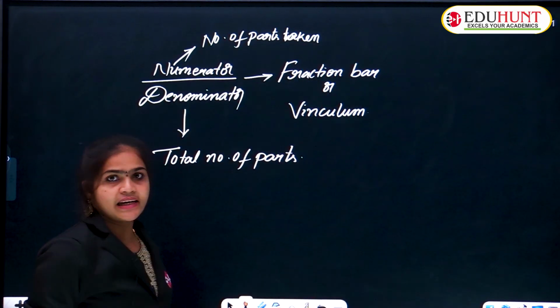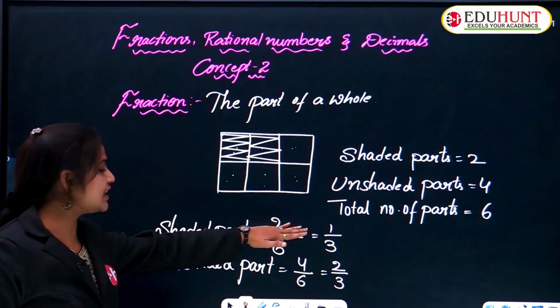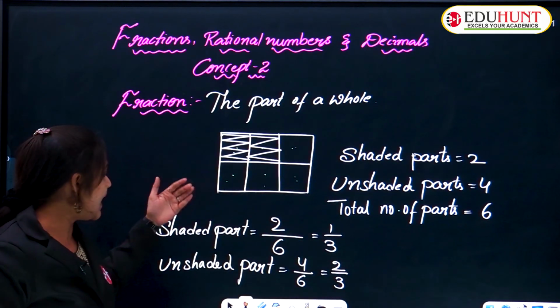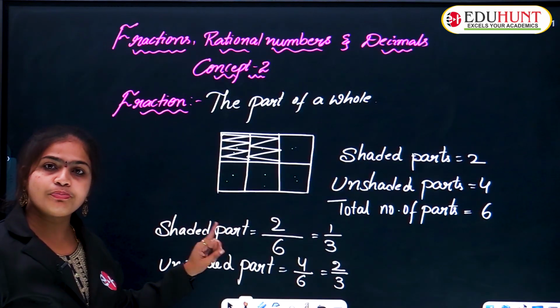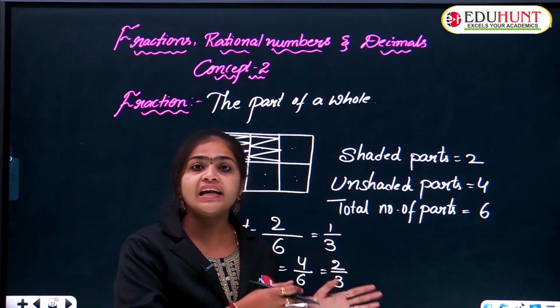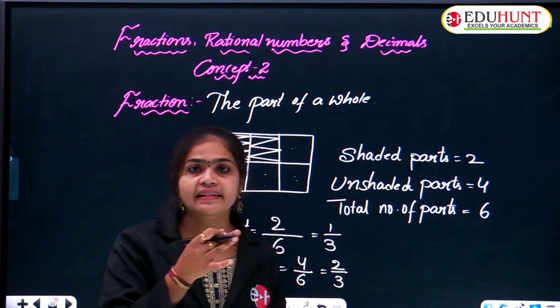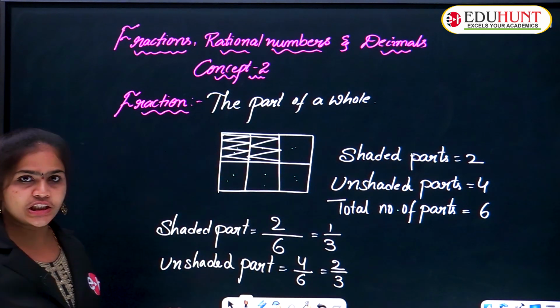How many parts did we take here? Previously, first we took the shaded parts, that's why we wrote the fraction for the shaded parts, and next we took the unshaded parts. So the number of parts taken is represented by the numerator, and the total number of parts is always shown in the denominator. Understood? So this is about fractions.